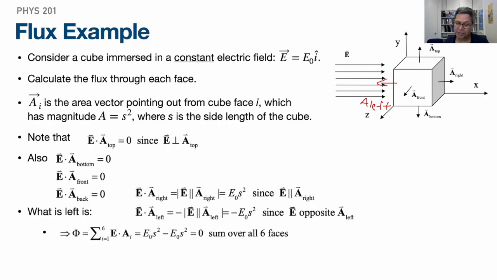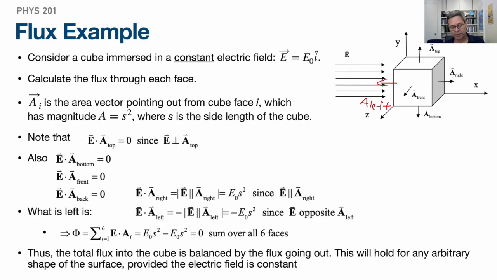So that means when I calculate the total flux over the entire closed surface, it's only those 2 sides that were non-zero, but in fact they cancel out, and the total flux through this cube is 0 when summed over all 6 faces. So for a constant electric field pointing in a particular direction, the flux through that closed surface comes out to be 0. The flux going into the surface is balanced by the flux coming out of it.